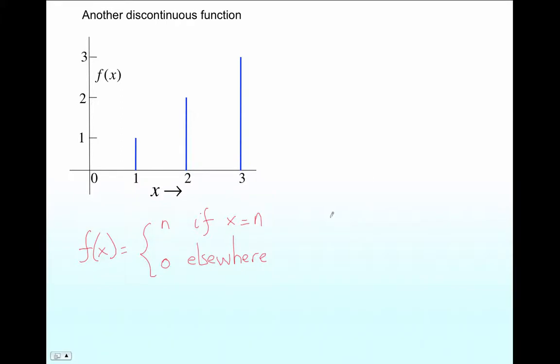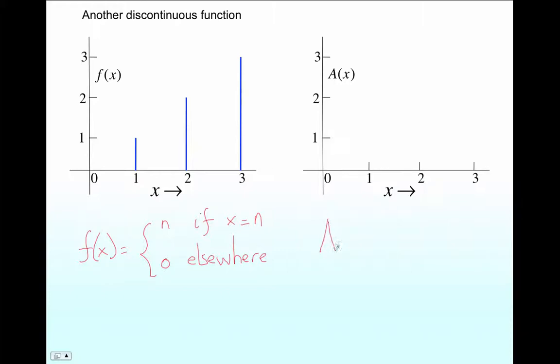What about the area as a function of x? Well, you could have anticipated the answer. A of x is 0 everywhere. It is a completely flat line lying along the x-axis. Why is that? Well, basically because there is no area under this point over here.